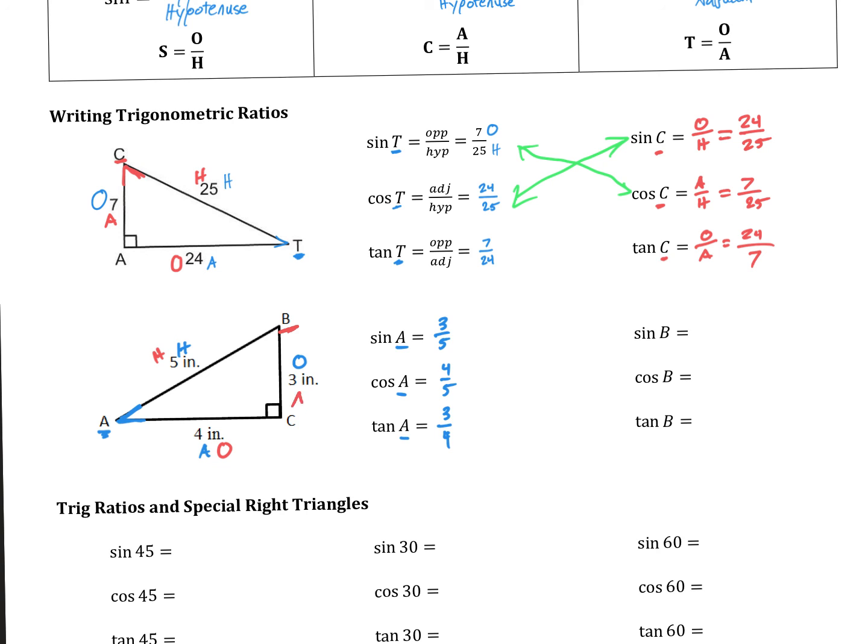And then the adjacent, always made up of the adjacent and the hypotenuse, our reference angle. Okay, so sine of B, opposite over hypotenuse, 4 over 5. Cosine B, adjacent over hypotenuse, 3 over 5. And then tangent of B, O over A, 4 over 3.